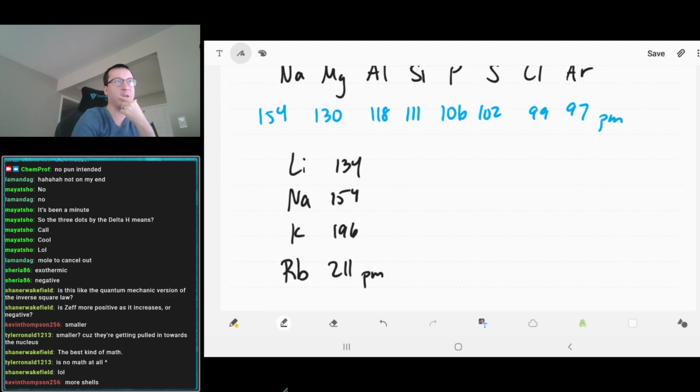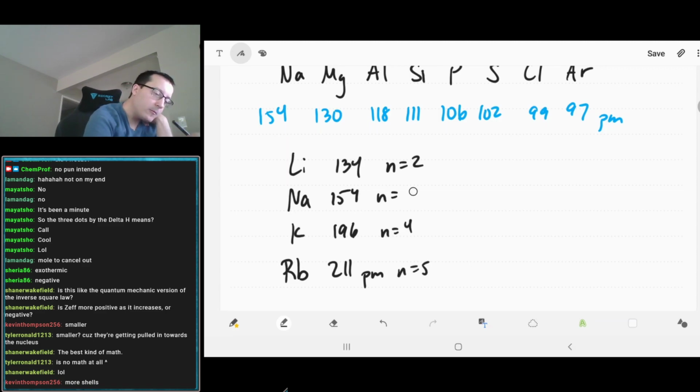Yeah, Kevin's got it right. Look to the simple answer. So right, the more shells we have, of course, the bigger our atom is going to be. So we're going to see that there's kind of two trends that we're looking at here.